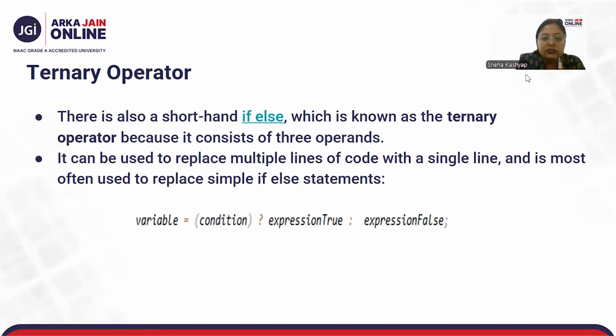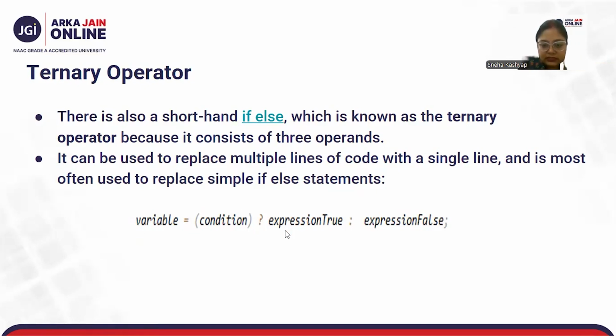What is the syntax of writing any ternary operator? So what we can do is we can take a simple variable. To this variable we have to give the condition. Let's say, as I said earlier, whether it will rain today or not. So raining today is a condition.